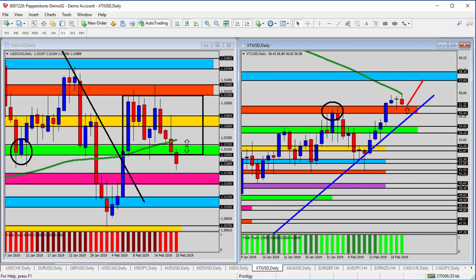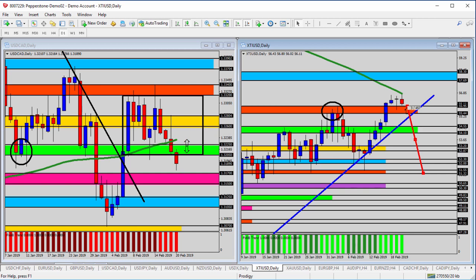So a rise in crude, dollar CAD goes down. So with it sitting above support, as mentioned, on the crude oil and has potential to rise, we would look for the potential of resistance and the potential to fall on the dollar CAD. Only if crude oil were to suddenly turn around and fall off strongly would we suspect that the dollar CAD would turn around and go back up.